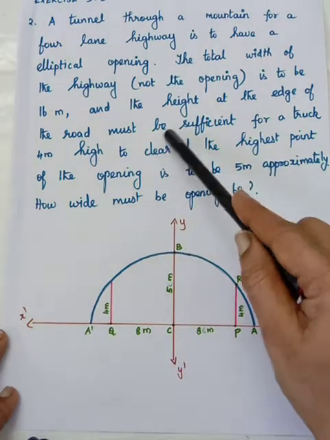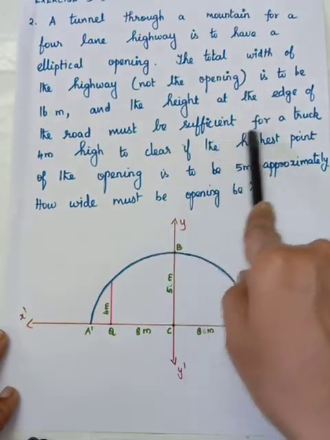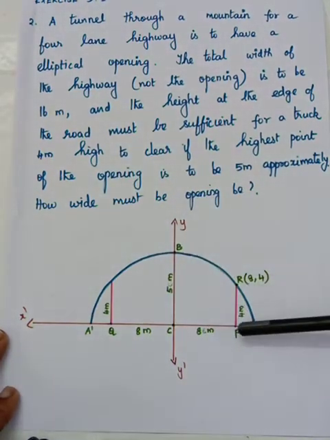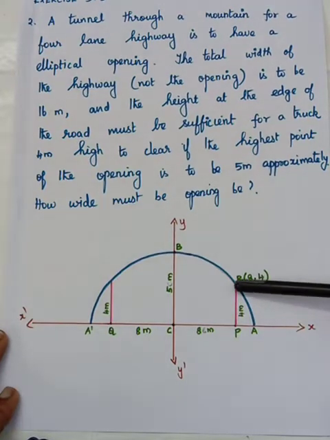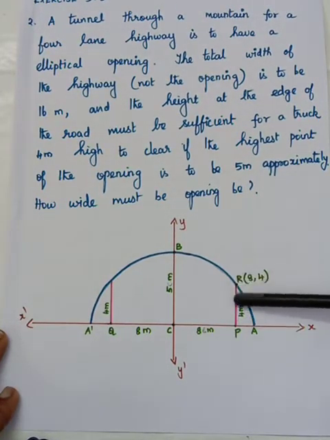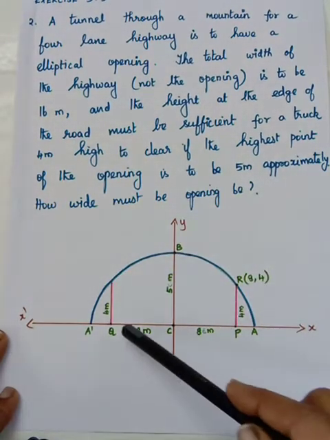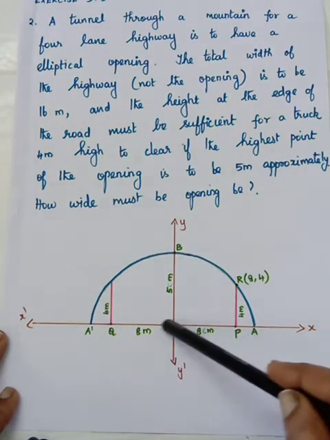You see that the height at the edge of the road must be sufficient for a truck 4 meter high to clear. So therefore at the edge of the 4-lane road, the height is 4 meter, on both sides.